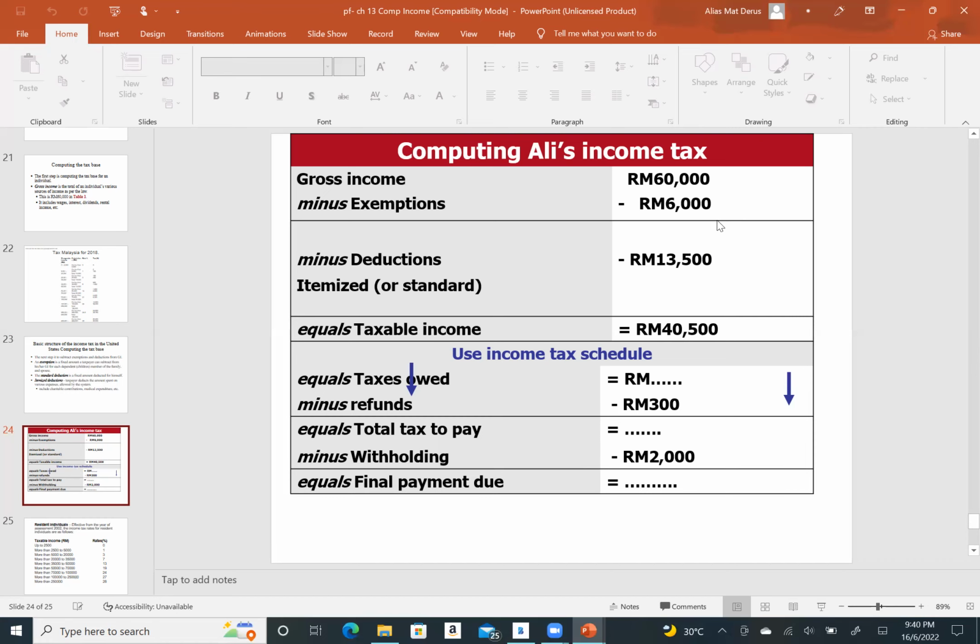In our country, we just call everything deduction. And the difference will be equal to the taxable income. You subtract these things, you get 40,500. So this is the income that is taxed on, the amount of income that we are going to tax on, not 60,000.